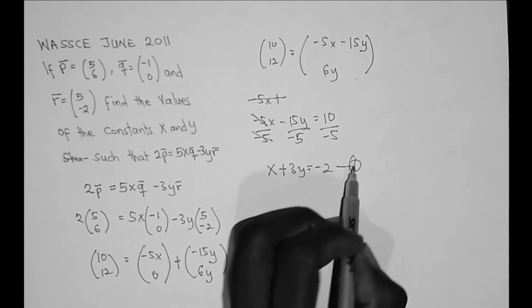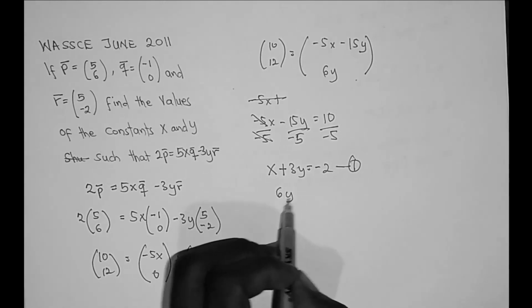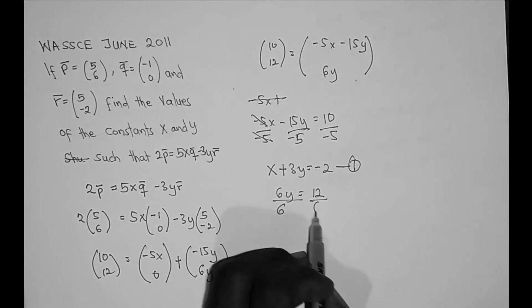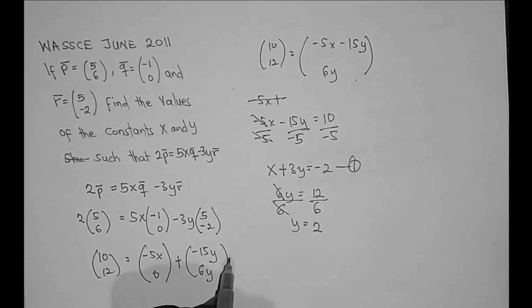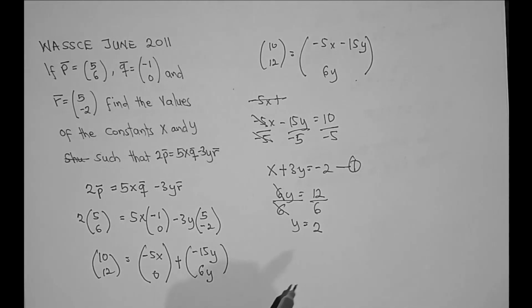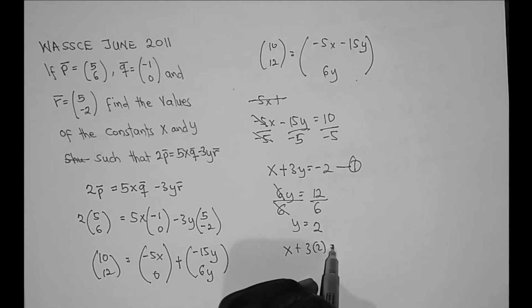So this is equation 1. And then equation 2 is 6y equals 12. If we divide through by 6, we see that y is equal to 2. So we need to put y equals 2 back into this equation to find the value of x. So x plus 3 times 2 equals minus 2.